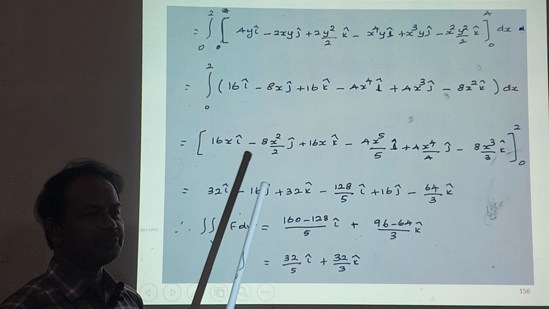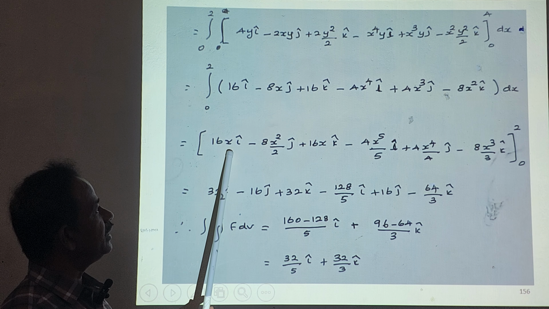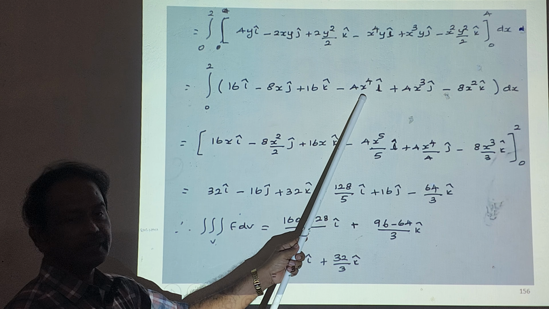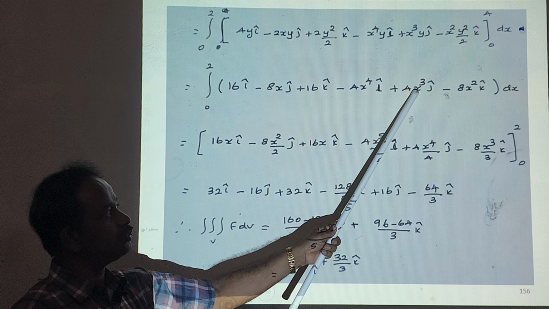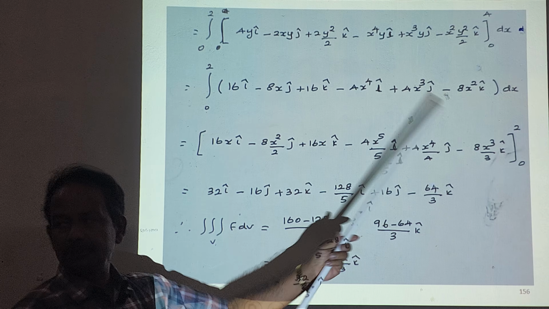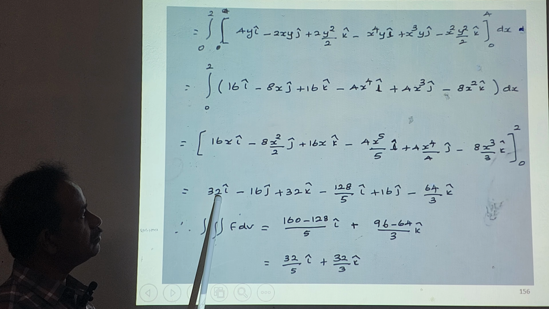Now you have to integrate with respect to x. So that will give you 16x, minus 8x squared by 2, x to the power 5 by 5, x to the power 4 by 4, x cube by 3. Now you have to substitute the limits 0 to 2. So that will give you 32.